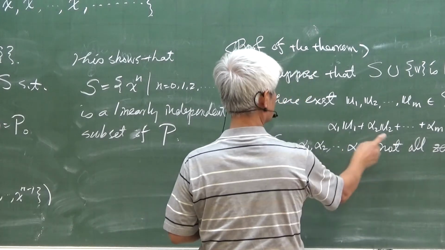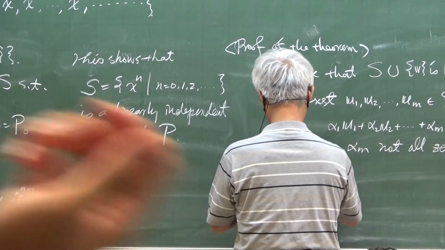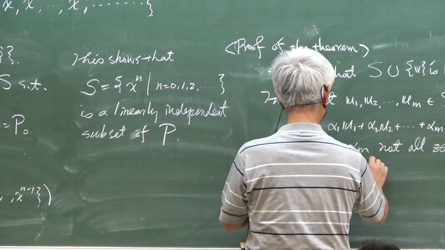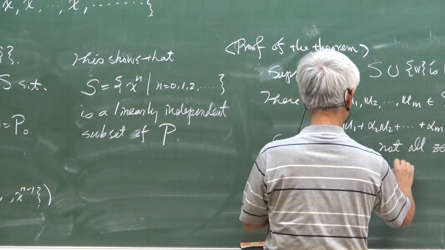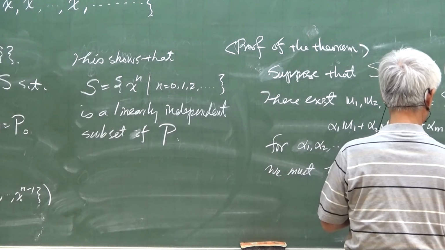So we must have ui equal to V for some i.